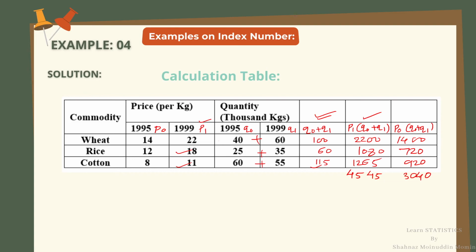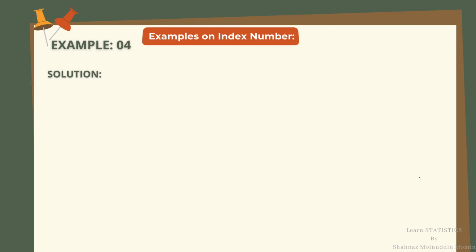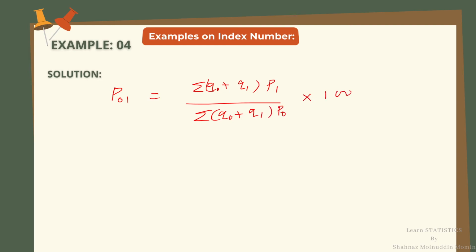The Marshall Edgeworth price index number is given by P01 is equal to summation Q0 plus Q1 into P1 divided by summation Q0 plus Q1 into P0 multiplied by 100.